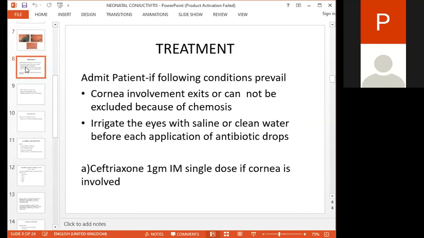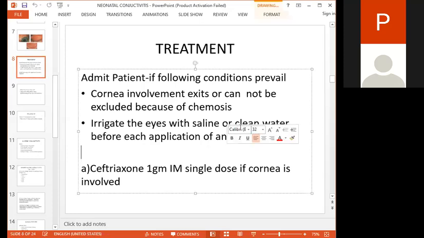Treatment: admit the patient if the following conditions prevail. Cornea involvement exists or cannot be excluded because of chemosis. Chemosis, swelling of the eyelids. Okay. Irrigate the eyes with saline or clean water before each application of antibiotic drops.